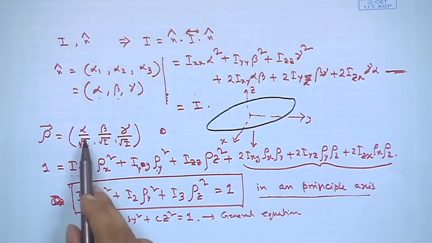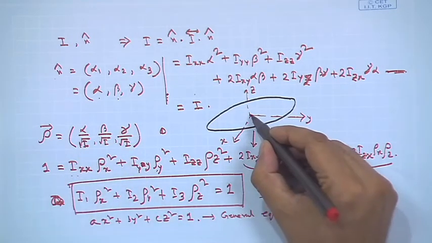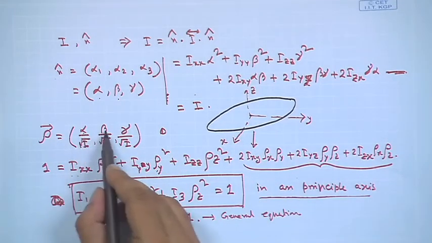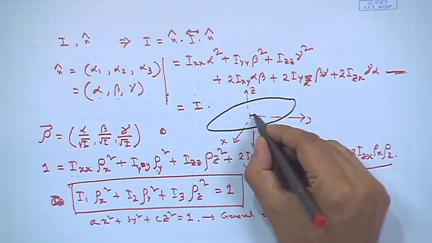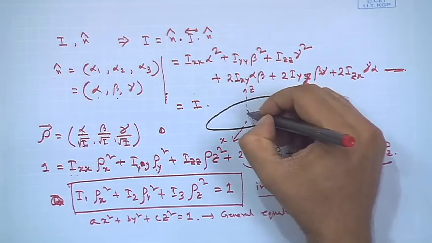The tilted surface in this axis system is represented by this equation. Now, when alpha, beta and gamma are the principal set of axes, the axis system falls along the symmetric axes of the ellipsoid.